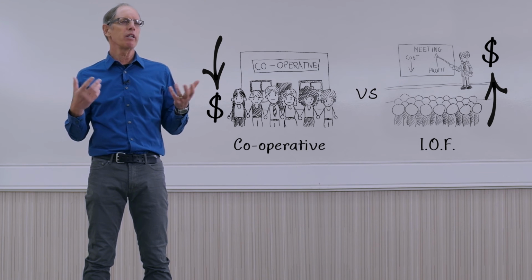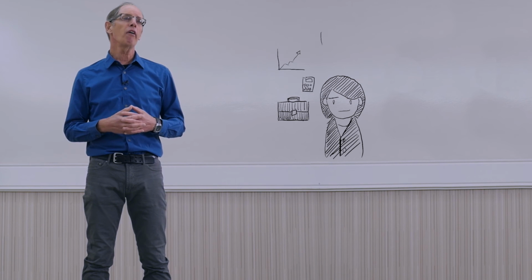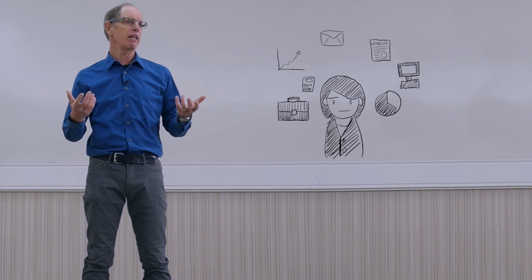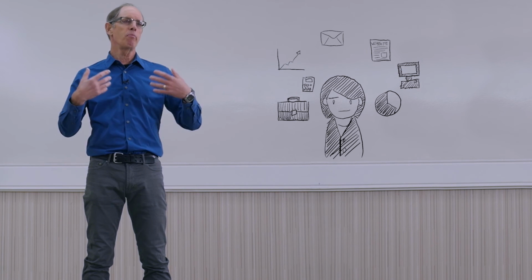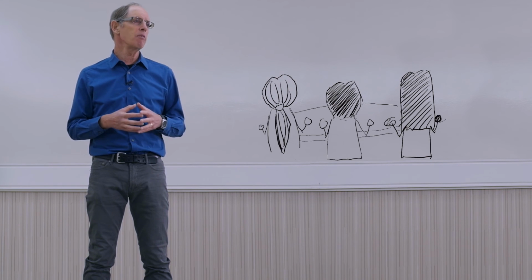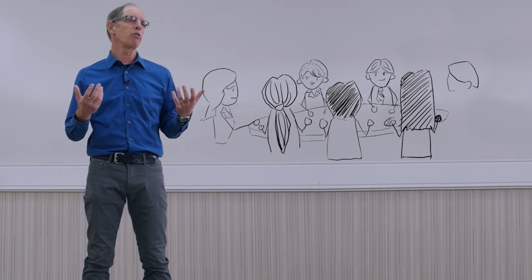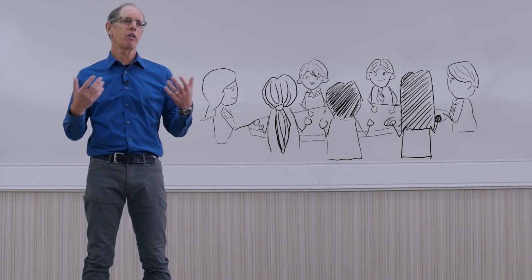But in both of these organizations, typically, it's not the investors or the members that are themselves making the decision about what price to set. That decision is often turned over to a manager. And in fact, the manager reports not to the members themselves, at least in many co-ops, but rather to a board of directors that the members have elected.